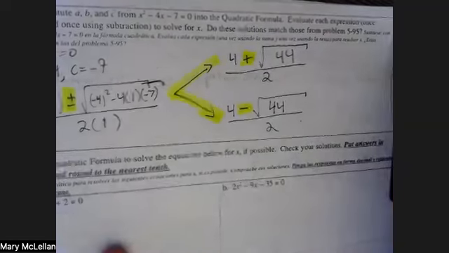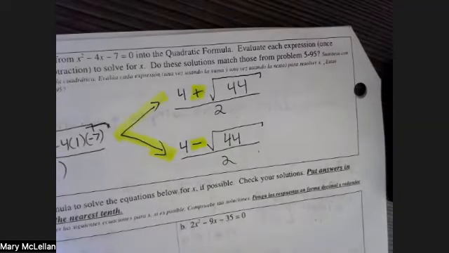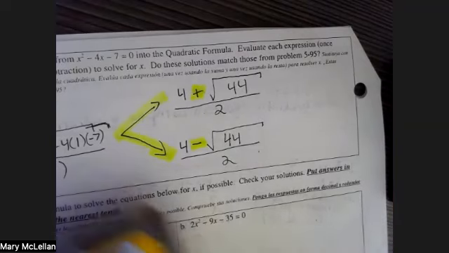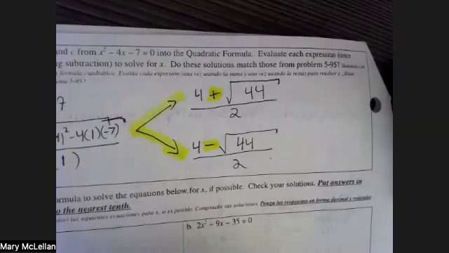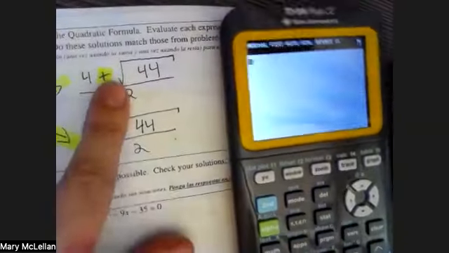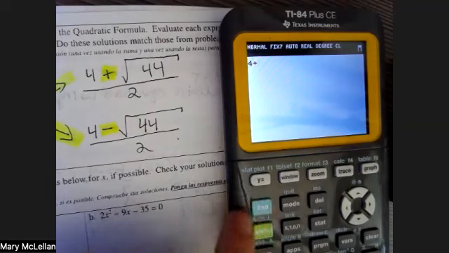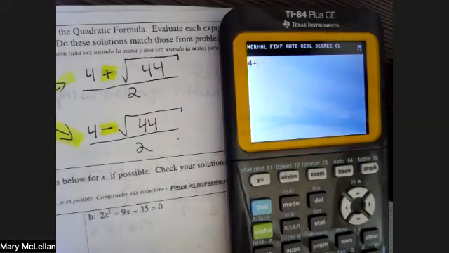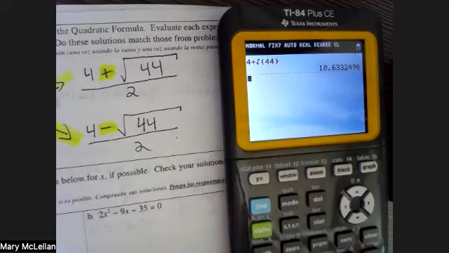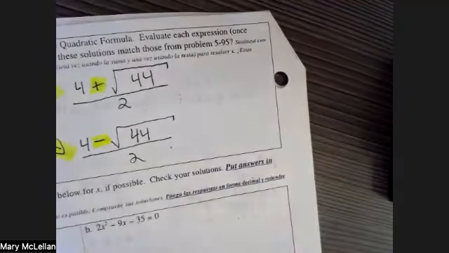All right, now I am going to simplify. So I have 4 plus the square root of 44 all over 2. And I'm going to do that. 4 plus square root, I activate square root 44. Close parentheses. 10.63 about.